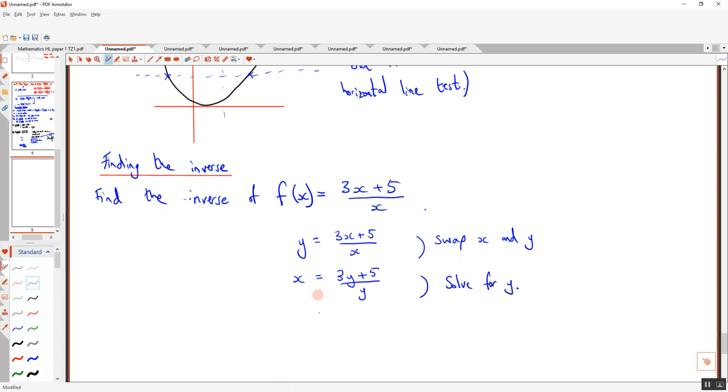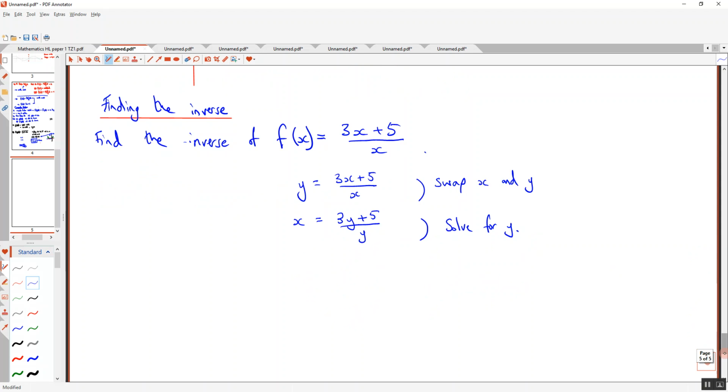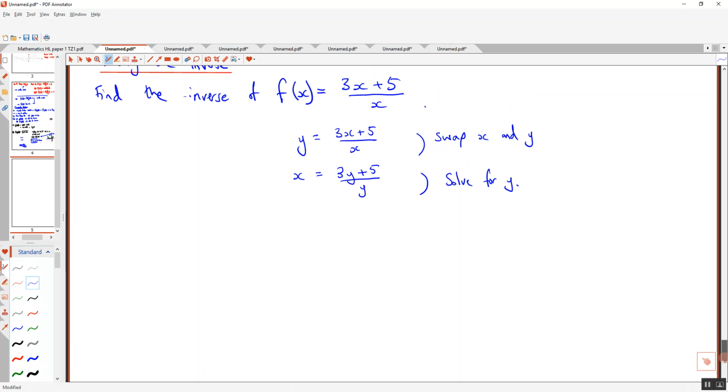Alright, so how are we going to solve this for y? What's our first step going to be? I want y equals. Multiply by y. So on the left hand side I'm going to have xy equals 3y plus 5.